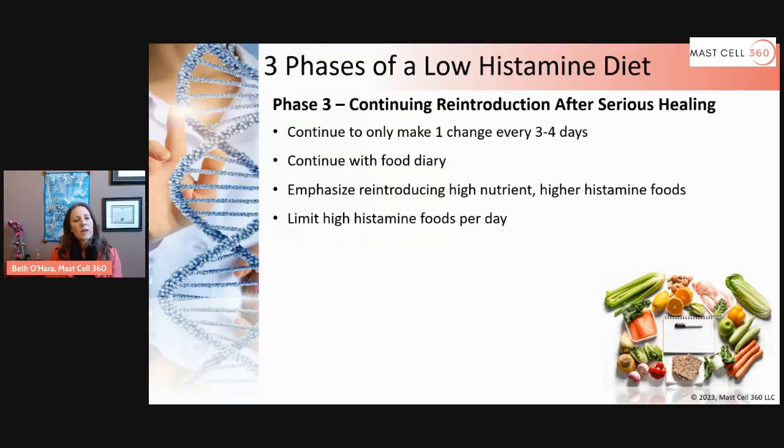I didn't later in that day have a whole lot more strawberries and smoked salmon and things like that. That might have tipped my bucket over, and I might have been itching and had trouble sleeping that night if I'd added a lot more. So that was my high histamine meal for the day, and then I kept it lower after that. You're still going to reduce those stressors as well. We've got more in a blog post on reintroducing histamine foods that gives you some food ideas for when histamine is the only thing you're working on.